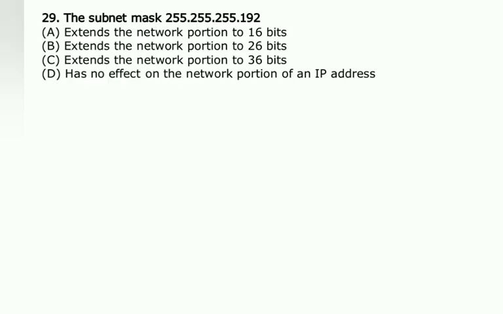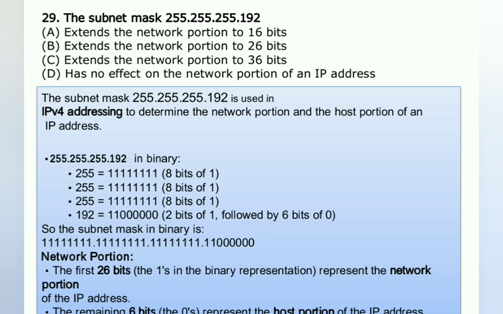Next, the subnet mask 255.255.255.192. Subnetting is the process of designating some higher order bits from the host part and grouping them with the network mask to form the subnet mask. The given subnet mask is used in IPv4 addressing to determine the network portion and the host portion of an IP address.